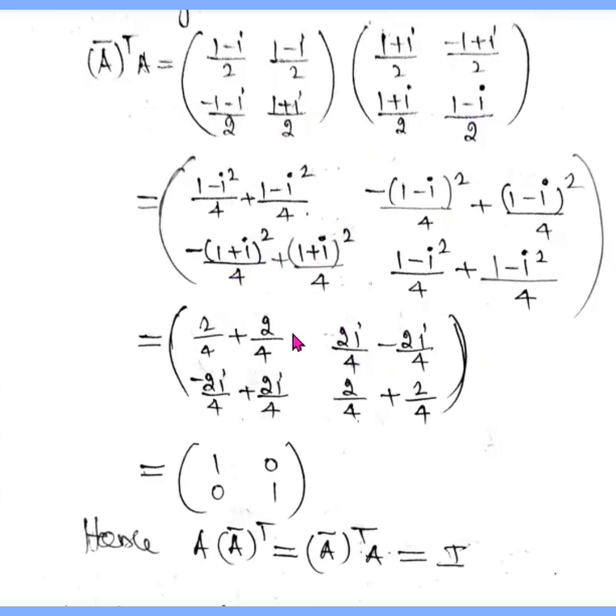So 2 by 4 plus 2 by 4, 2i by 4 minus 2i by 4, minus 2i by 4 plus 2i by 4, 2 by 4 plus 2 by 4. So the answer is 1, 0, 0, 1. Hence A bar transpose A is equal to A A bar transpose, which is equal to the identity matrix.